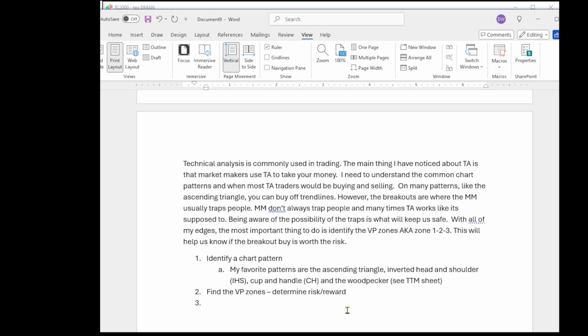Okay. What should be next, guys? Oh yeah, maybe I should make it volume profile. Sorry, volume profile.